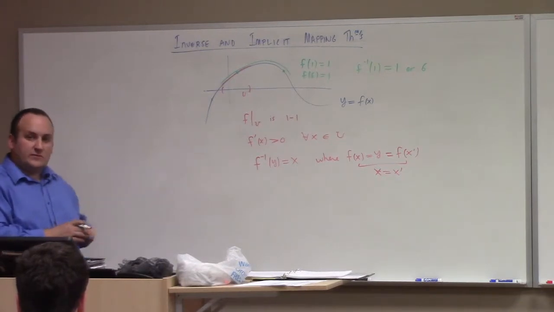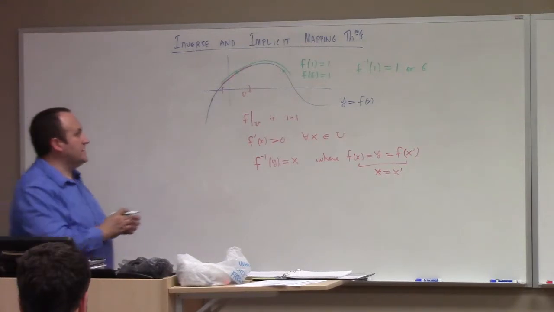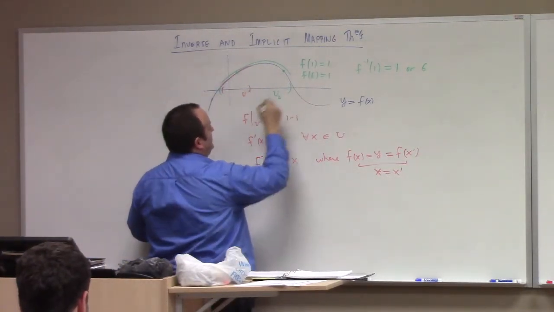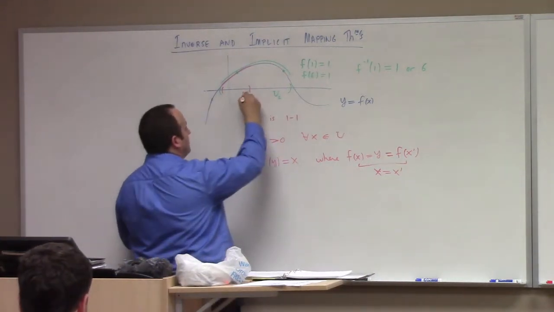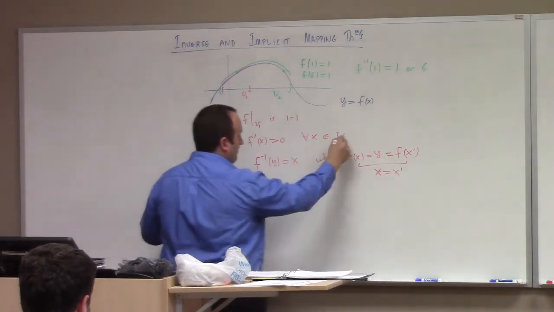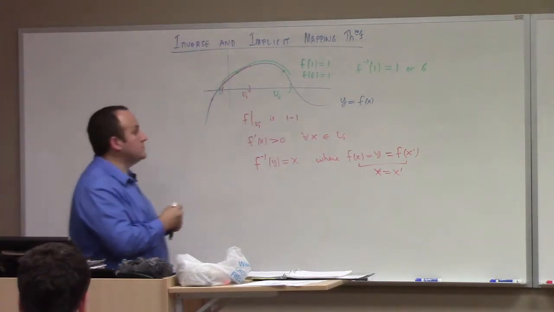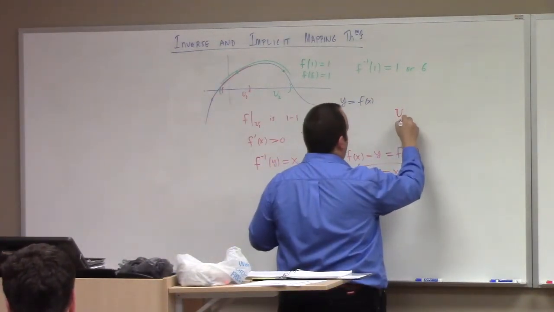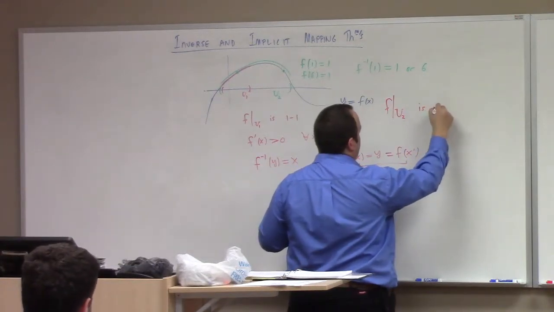So what's the difference between the green, let's say U2, and U1? What's the difference between U2 and U1? Right, f restricted to U2 is not 1-to-1.